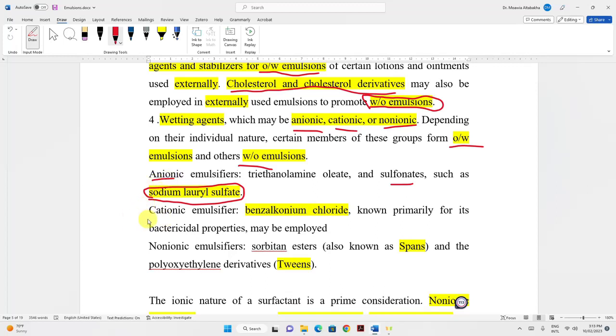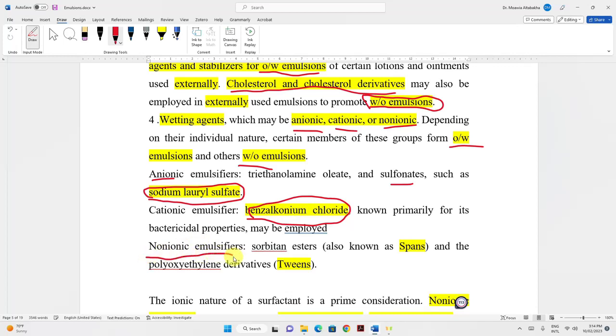It's anionic. For cationic emulsifier, we have a very well-known compound that is used as a preservative, which is benzalkonium chloride. It's not only a cationic surfactant and emulsifier, but it's also a preservative and has bactericidal properties.